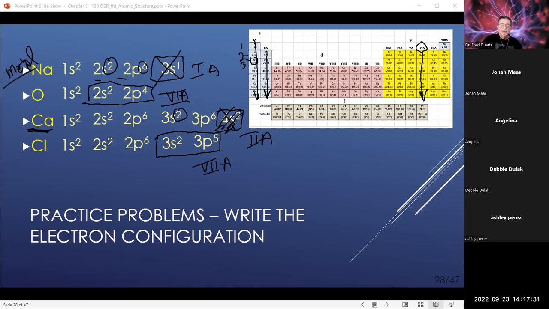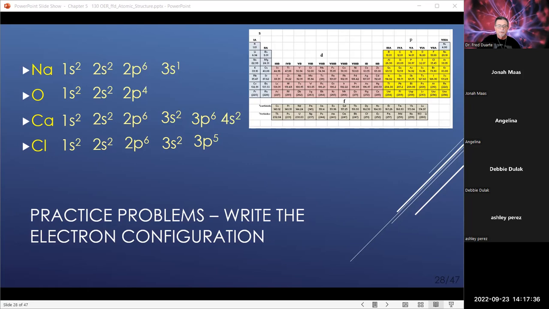Well, think about the opposite direction. Let me clear this up. For the nonmetals, in this example, chlorine has 7 electrons on the outermost shell.